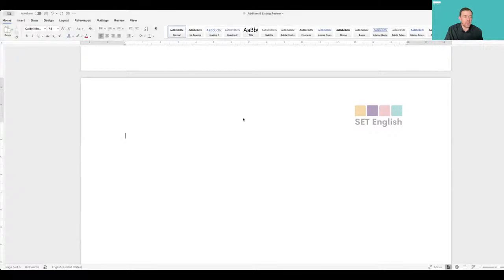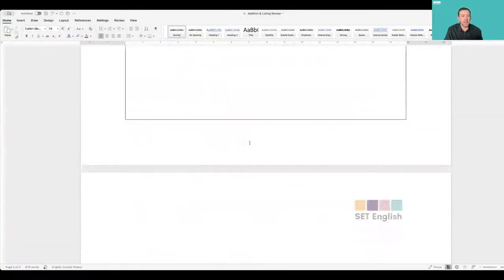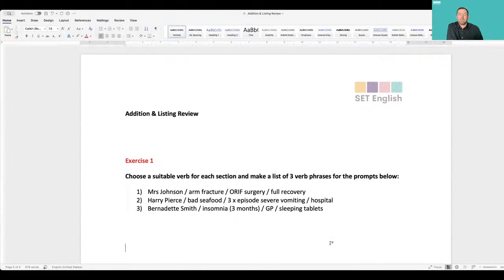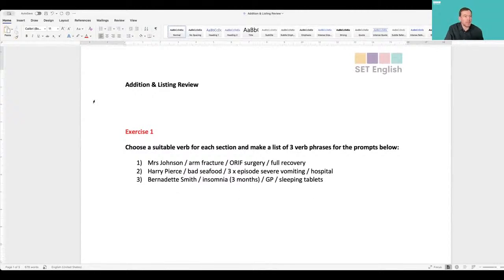Okay. So let's go and look at this one then. You have to choose verbs here. Look at 1, 2, and 3. I think if we look at it, can we see the story? Mrs. Johnson, arm fracture, ORIF surgery, full recovery.